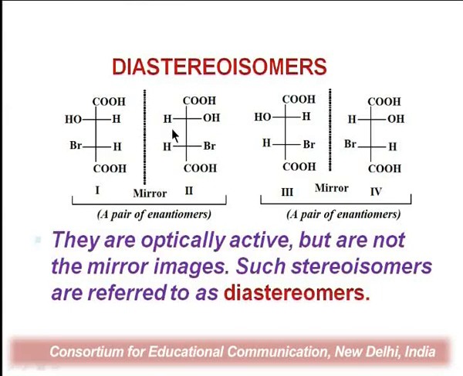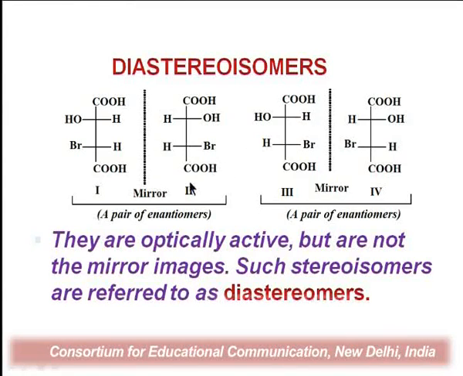They are optically active. One will rotate the plane of plane polarized light in the right hand direction, whereas the other will rotate it in the left hand direction. Similarly, when we write the structure of the stereoisomer in a form in which OH and Br are on the opposite side, here again we get a pair of enantiomers which are non-superimposable mirror images of each other.